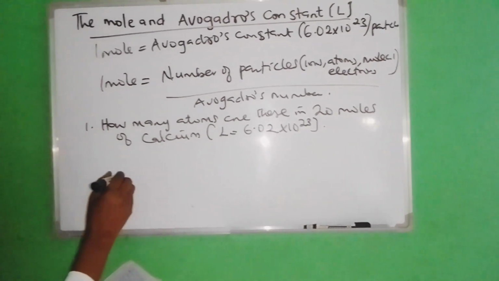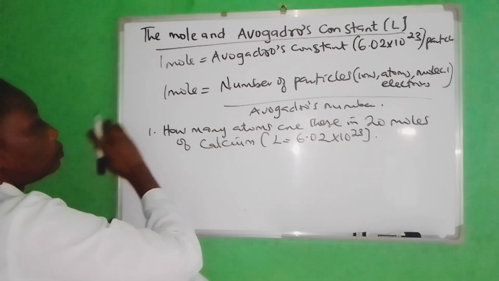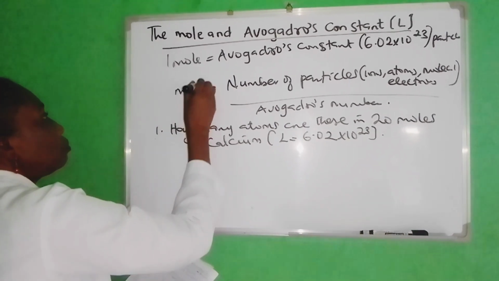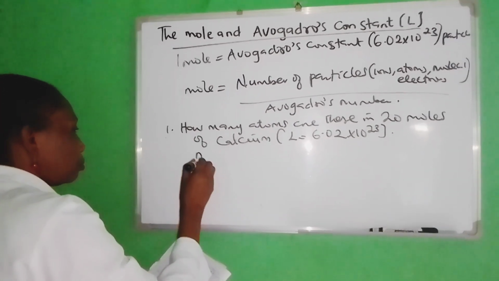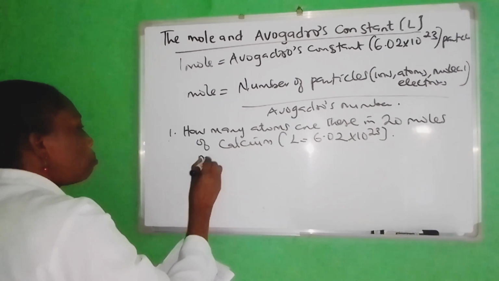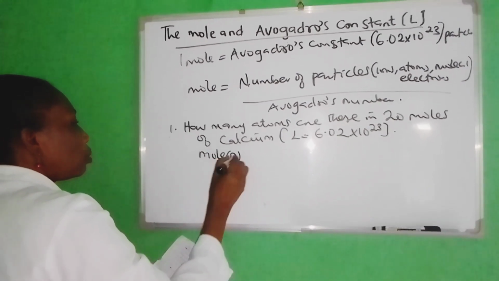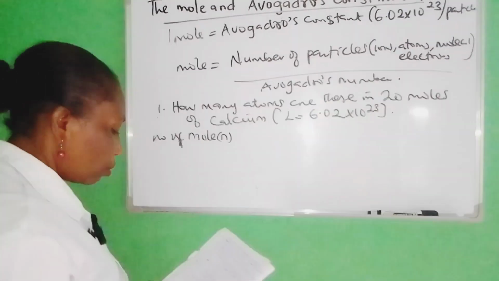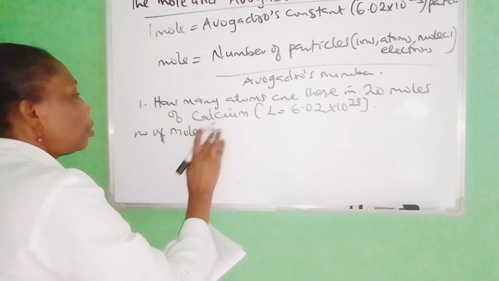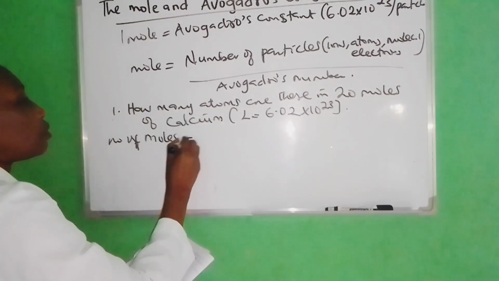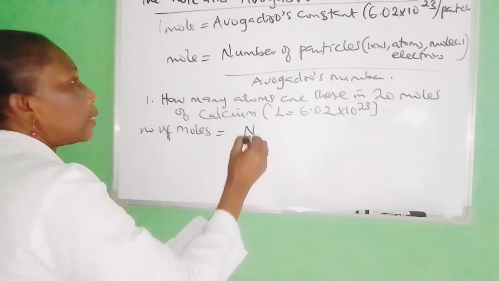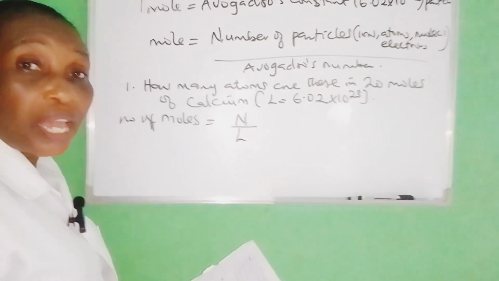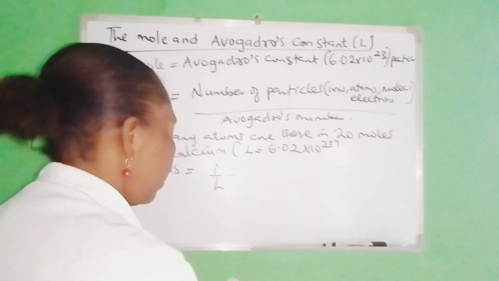So the number of moles, or amount, is equivalent to N, which is the number of particles, divided by L, which is Avogadro's number.